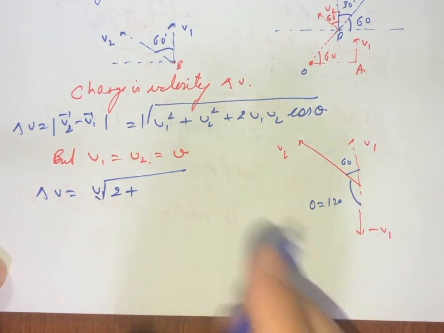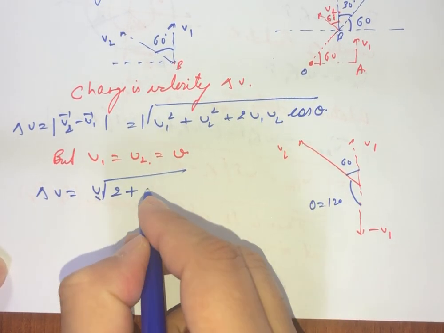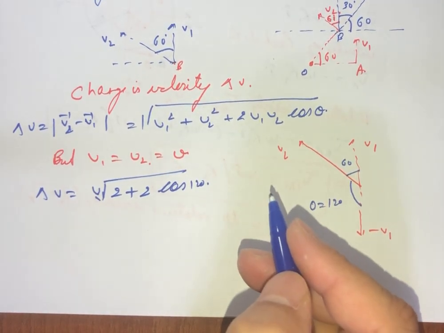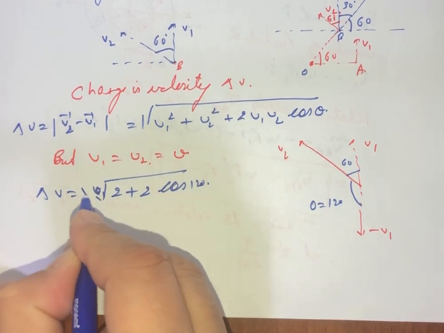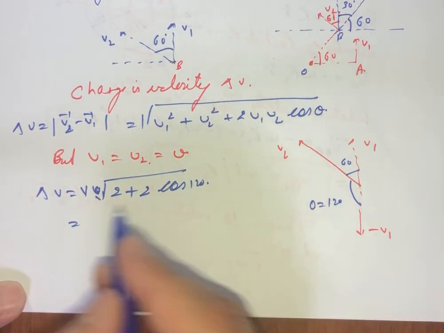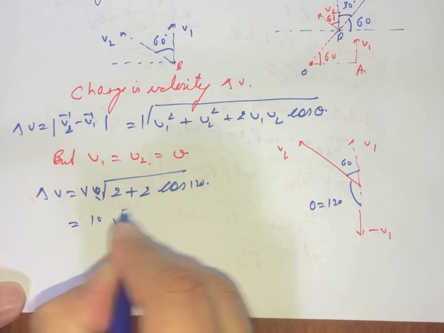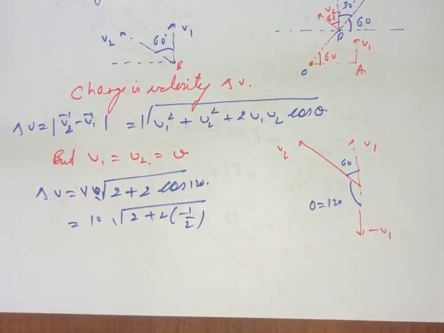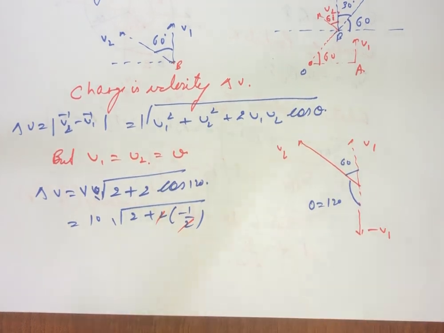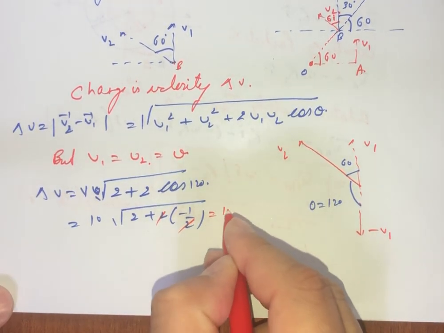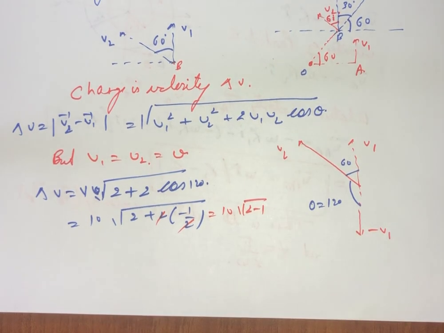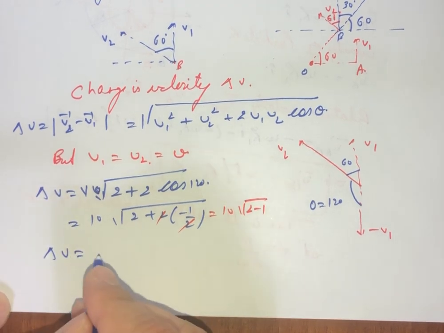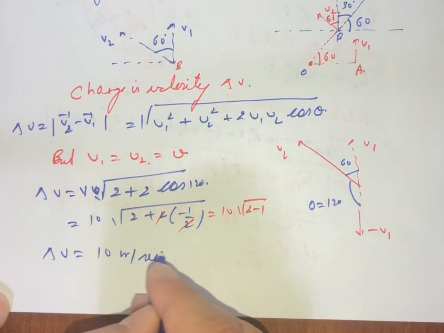So this will be 2 plus 2 cos of 120. V is given as 10, and we have 2 plus 2 and this is minus 1 by 2. So this cancels out. We get this equal to 10 square root of 2 minus 1. So the change in velocity, that is delta V, will be equal to 10 meter per second.